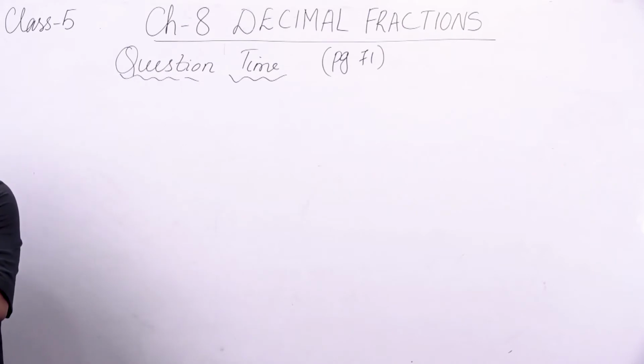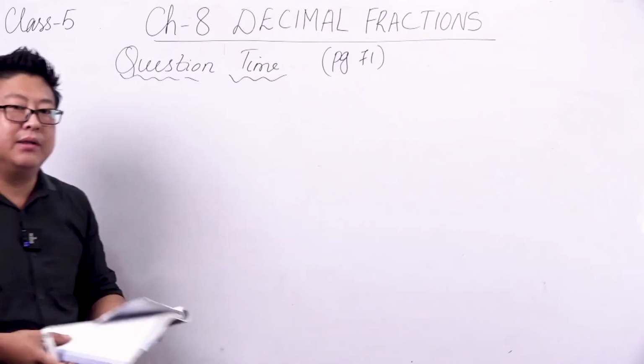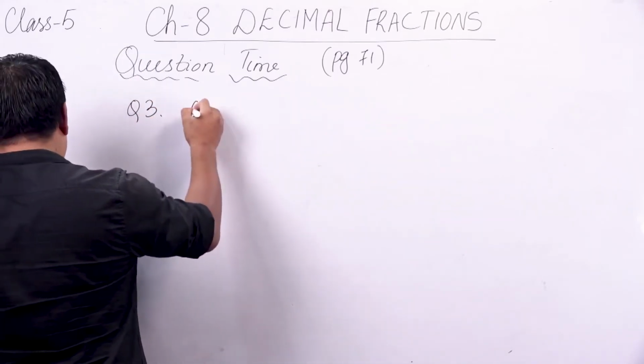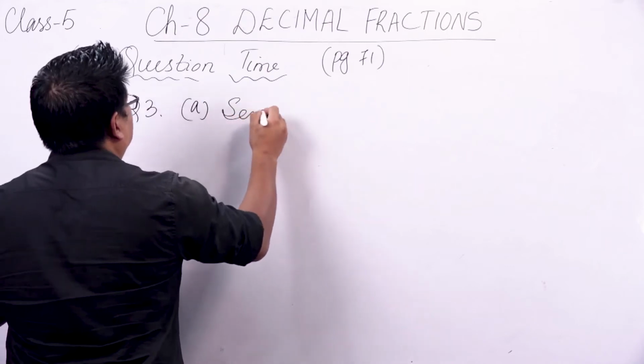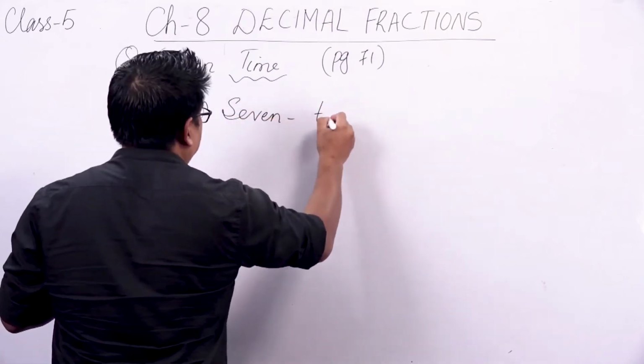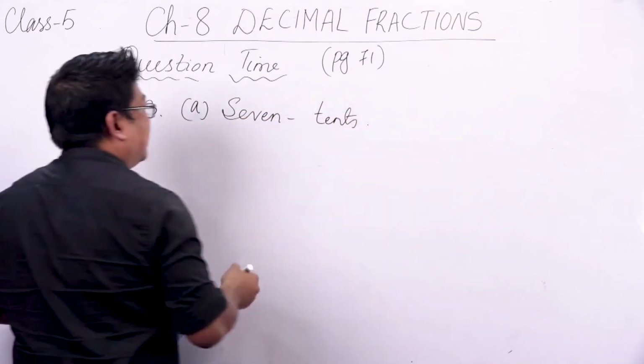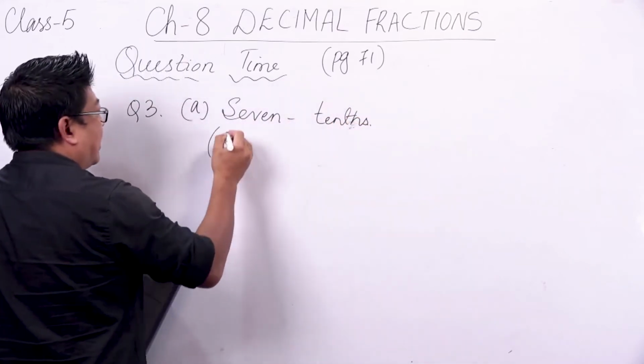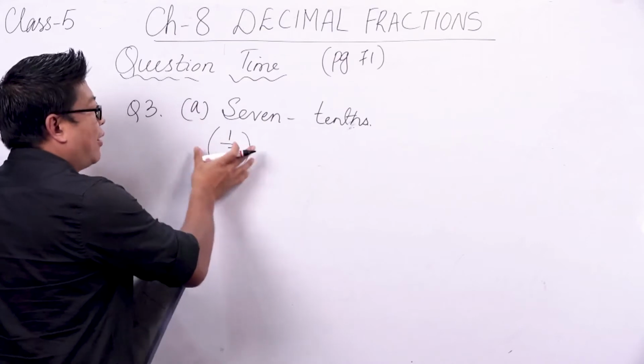Question number 3. Write the following as decimals. So the first one is given as 7/10. Now these 7/10 can also be written like this, 1/7.